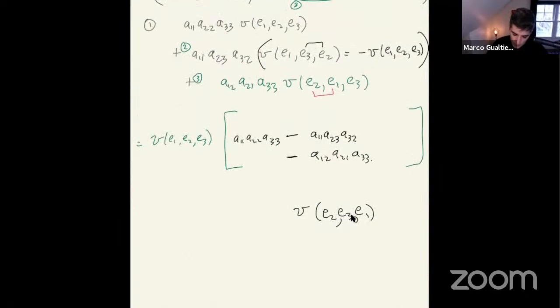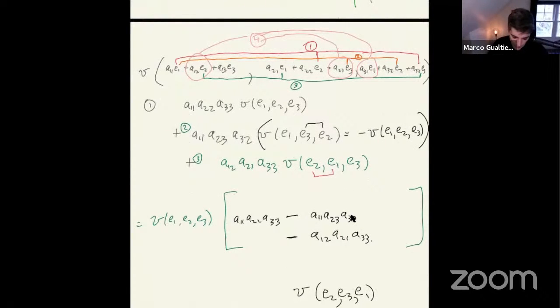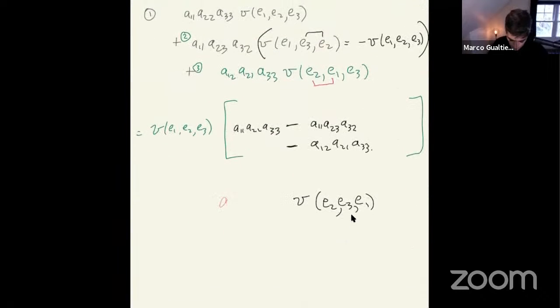Okay, and what am I going to get? I'll get A12, A23, and A31. And then I need to put a term in here. And what you see is, how many switches do I need to put it back into the proper form?